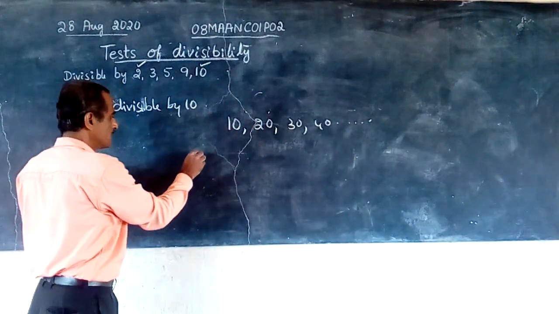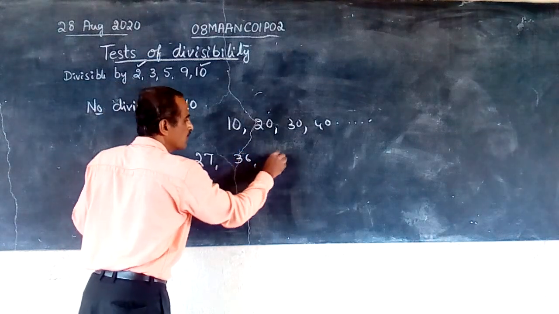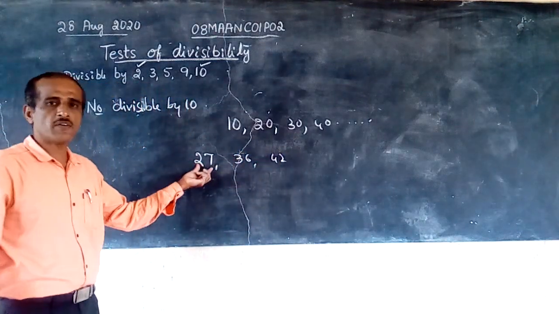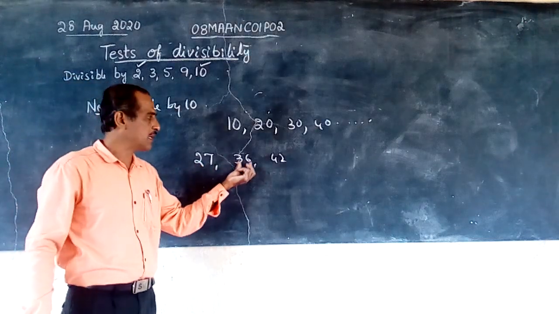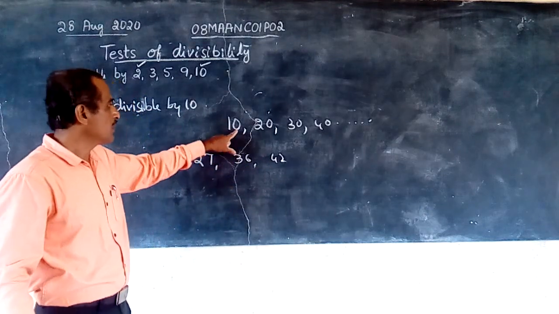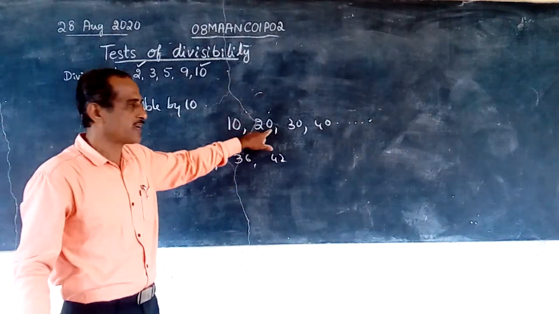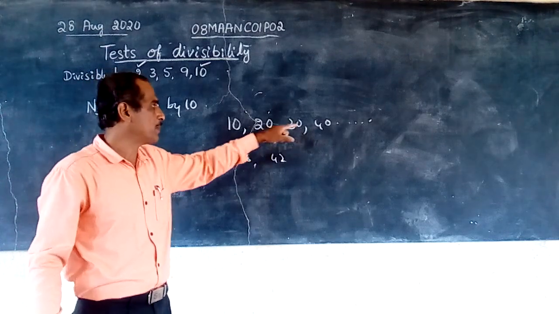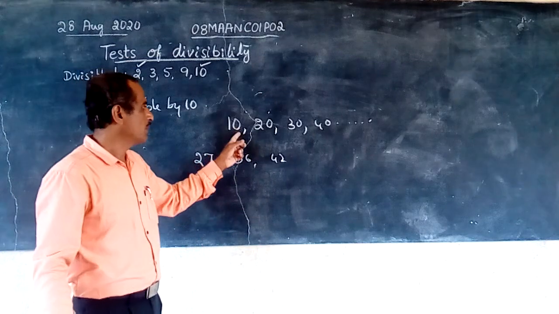Consider these numbers, say 27, 36, 42. You can't divide 27 by 10 completely, or 36 by 10 completely, or 42 by 10 completely. Here you can divide by 10: this is the first multiple of 10, this is the second multiple of 10, third multiple of 10. So all these numbers are divisible by 10.